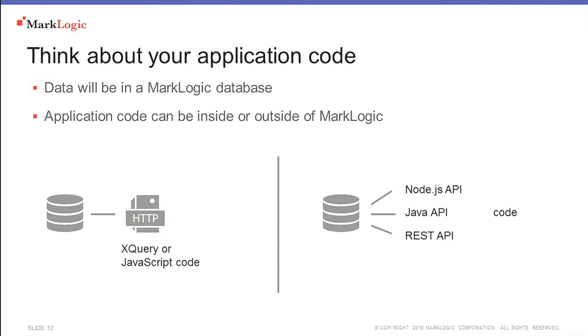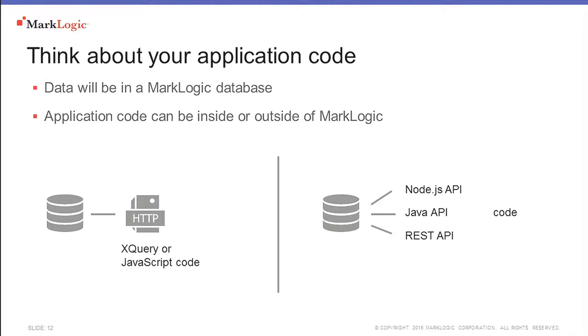So MarkLogic can not only be your database, but if you'd like it to, it can also be your application server and web server. And if you go that route, then you're going to be writing your application code either in XQuery, which is our longtime native programming language, or what we now also equally support is JavaScript as a programming language. I would say about 50% of our customers do this.